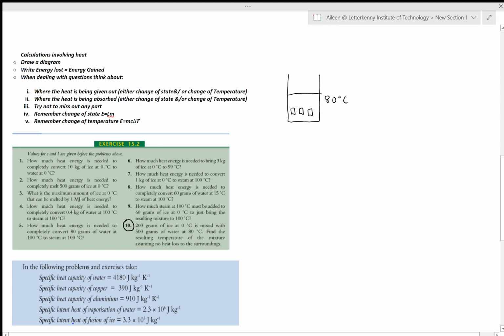So what happens here? Well, our ice melts. So our ice must gain energy to change state. And our water cools down.